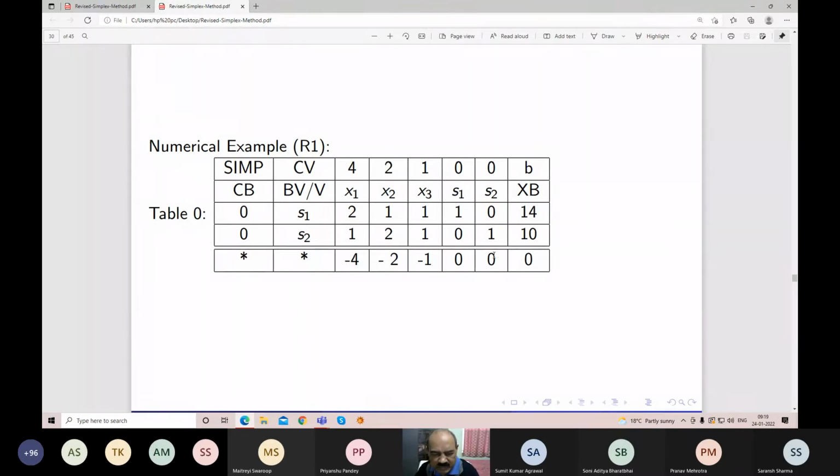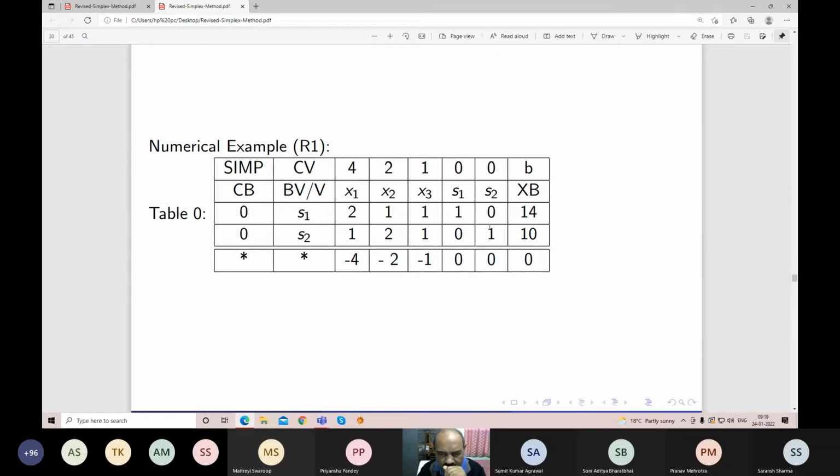With the new basis matrix, we can find the inverse. What will the inverse be once we replace 1, 0 with 2, 1? The 2 becomes its reciprocal, 1 by 2, then minus 1 by 2.